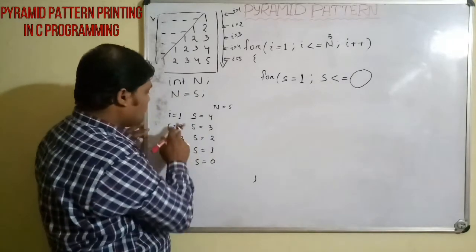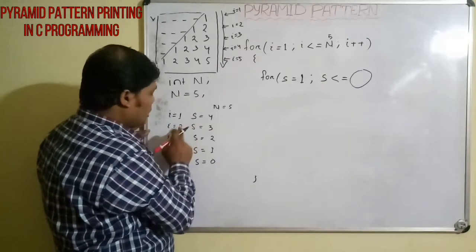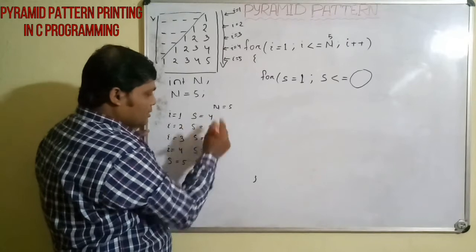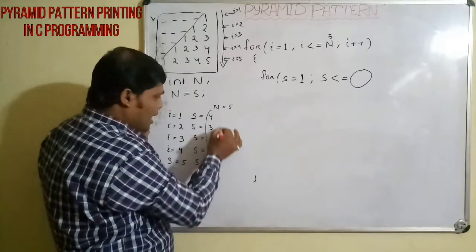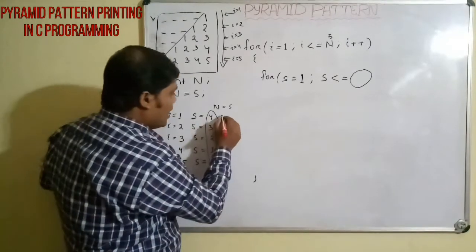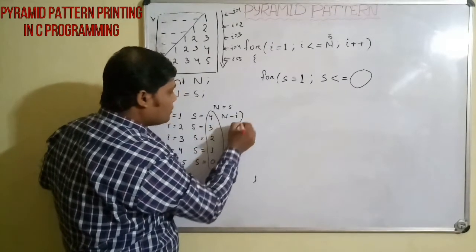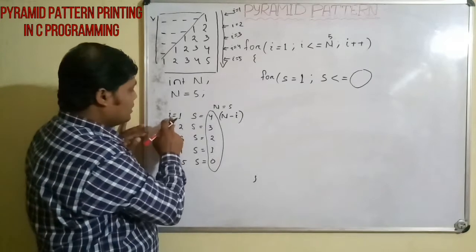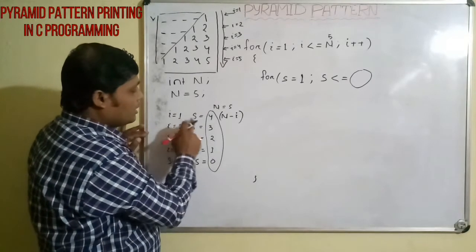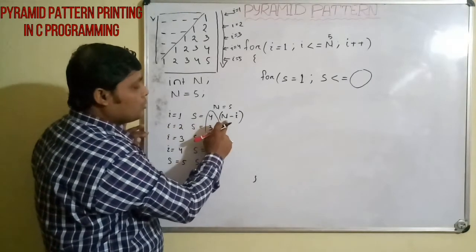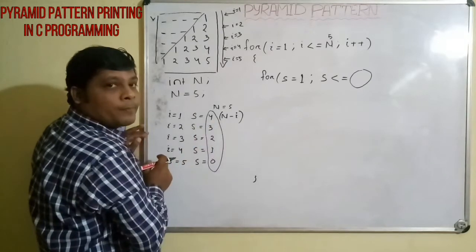You just see the logic. I equal to 1, S equal to 4; I equal to 2, S equal to 3. Just see these values. I can write this as n minus I. Understood or not? When I equal to 1, S will continue n minus I times.